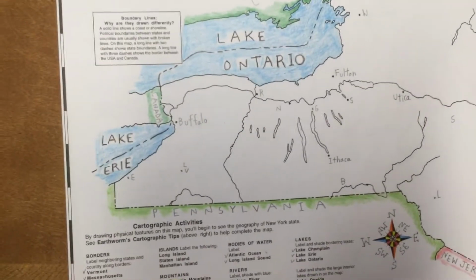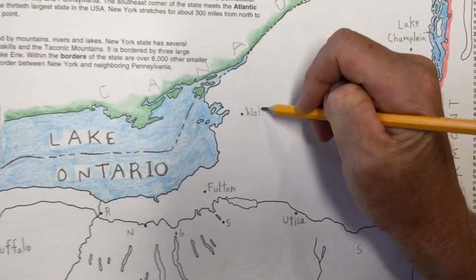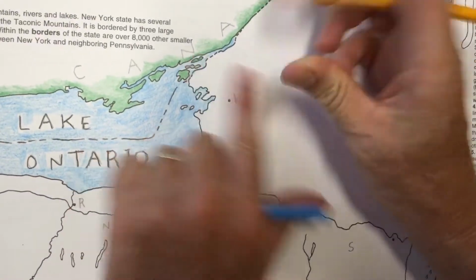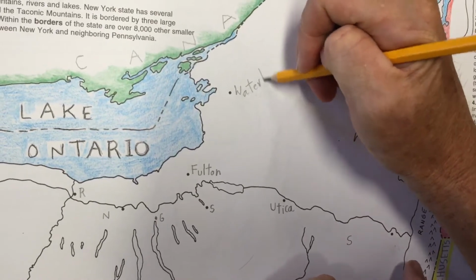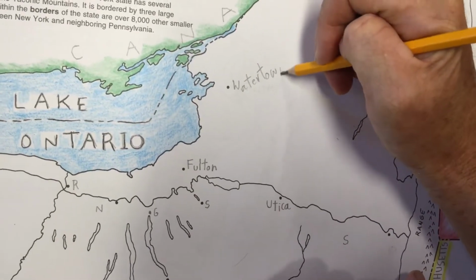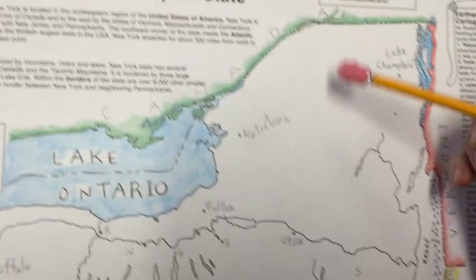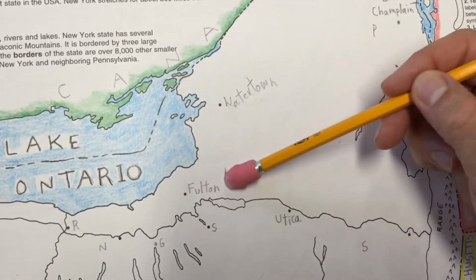Next one is Watertown, and that would be right here. Now let me show you what I mean by labeling it on an angle. If I was to just label it kind of like this, and also not my neatest lettering, you can see how much harder that is to read if it's kind of going on an angle as opposed to nice and straight across.